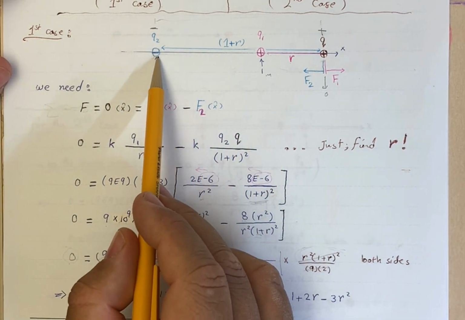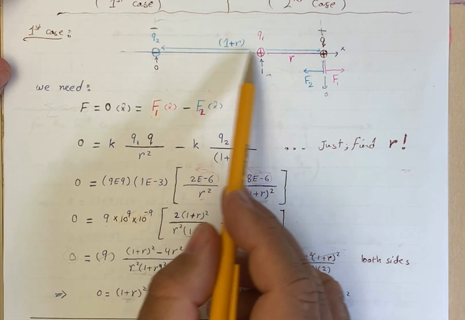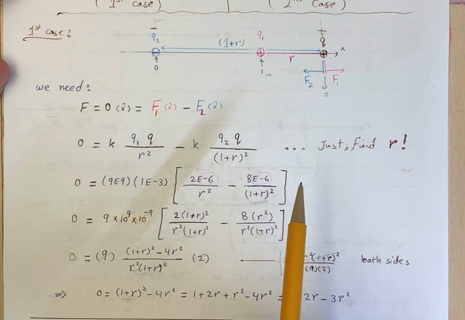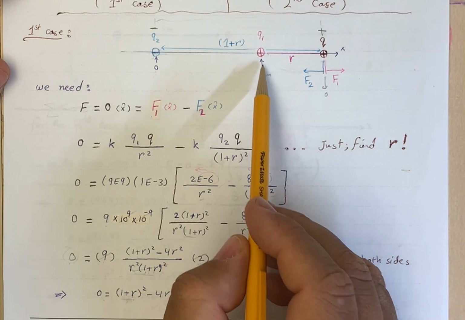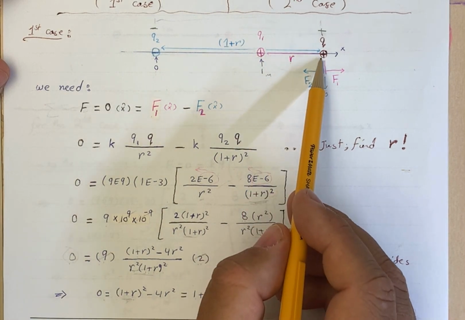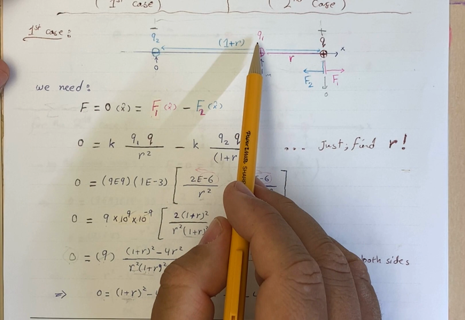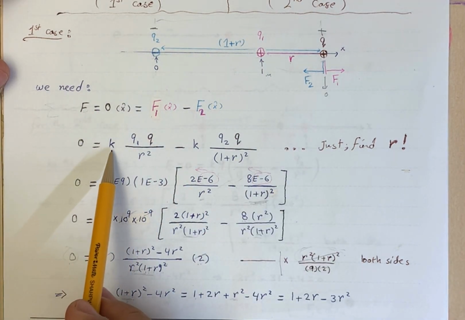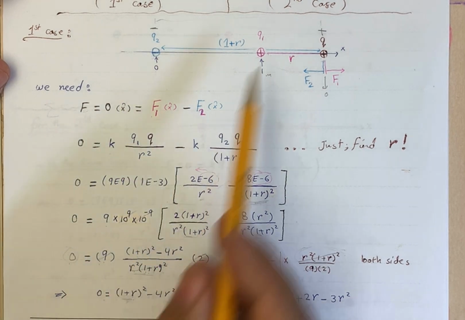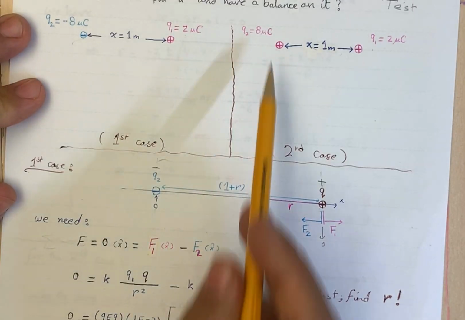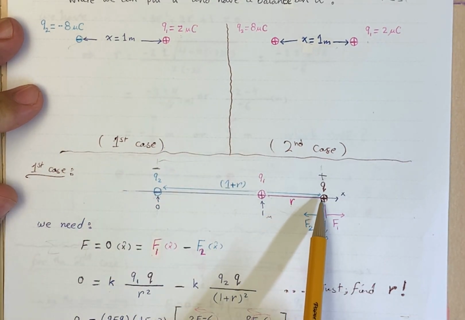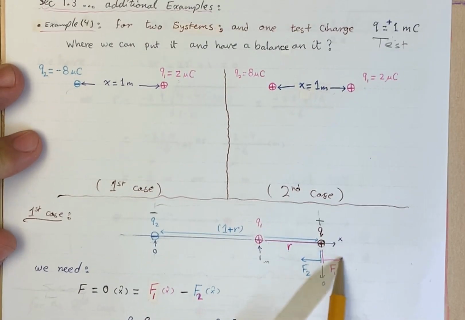As you see, the distance between Q1 and Q2 is 1. When we need to find the forces between the first charge and the test charge, we need to know how to apply Coulomb's law. We need to know K, we know it. Q1, we know it, which is 2 microcoulomb. We need to know also the test charge quantity, which is 1 millicoulomb.